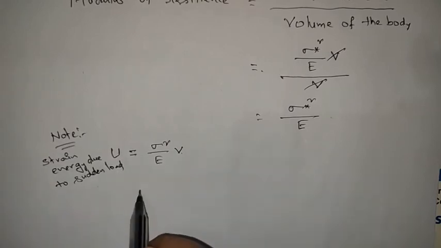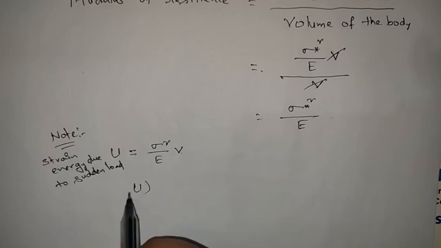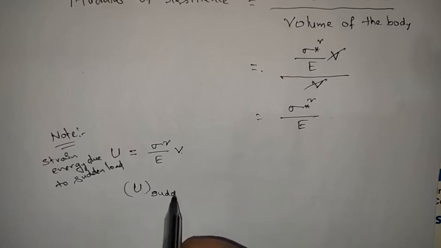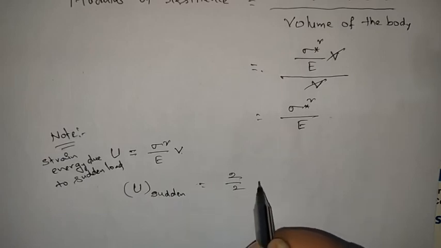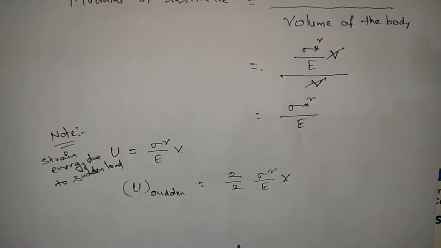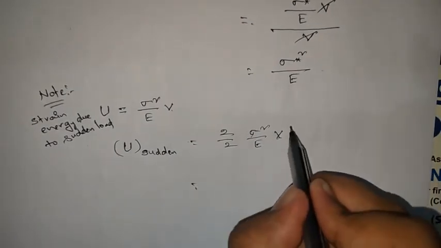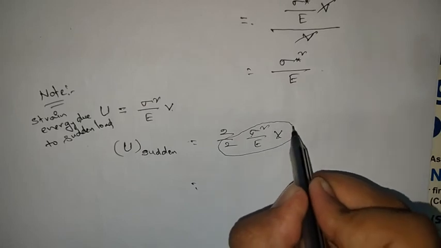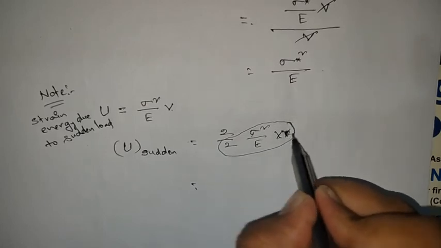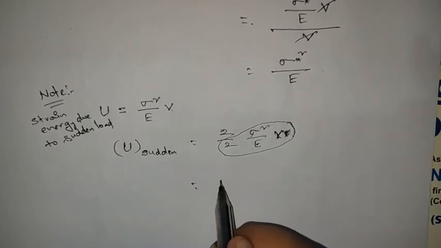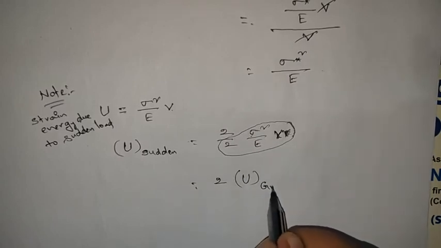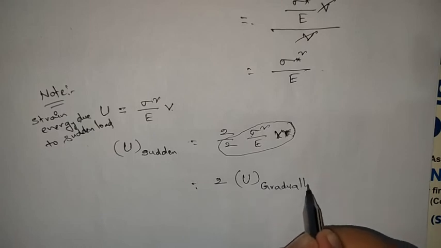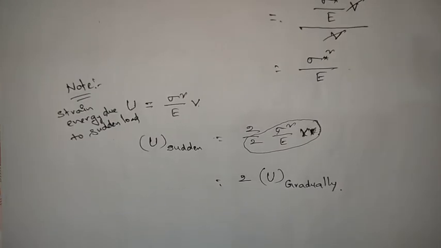Now I am writing the same expression. U of sudden load is equal to 2 by 2 into sigma square by E into V. So if you see up to the star, it will be equal to 2 into the strain energy due to the gradually applied load, as I already told previously.